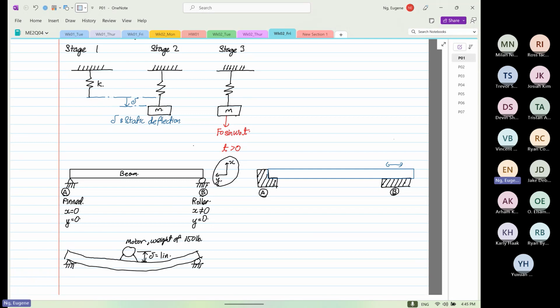Now, have you all seen a motor before? An electric motor. So when you turn on an electric motor, it usually doesn't vibrate. Remember I told you guys about laundry, yes or no?